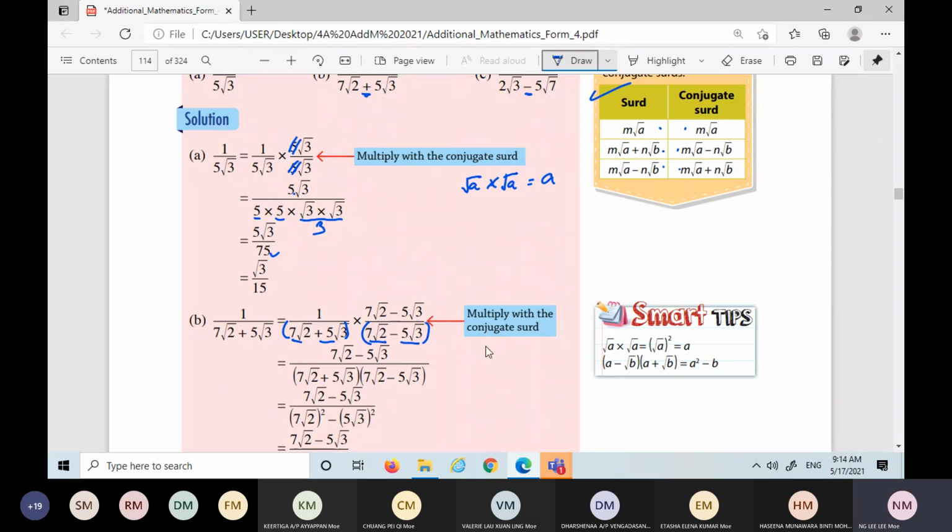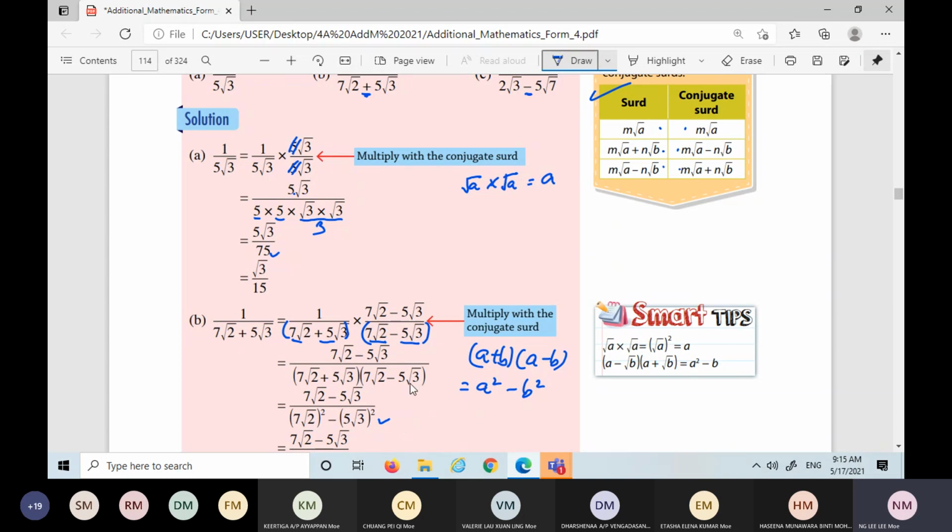This is something like this: if you have a plus b and then a minus b, your answer will be a squared minus b squared, because here you have plus ab minus ab, it will eliminate. So your answer will be a squared minus b squared. Therefore, this is the a, so this one squared, minus this is your b, and this one squared. This is how you get this.